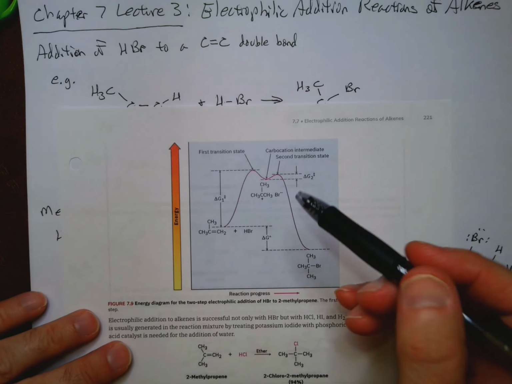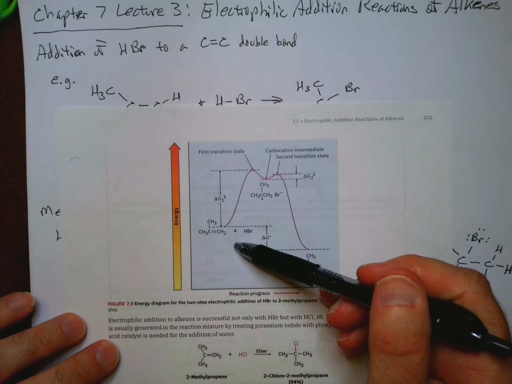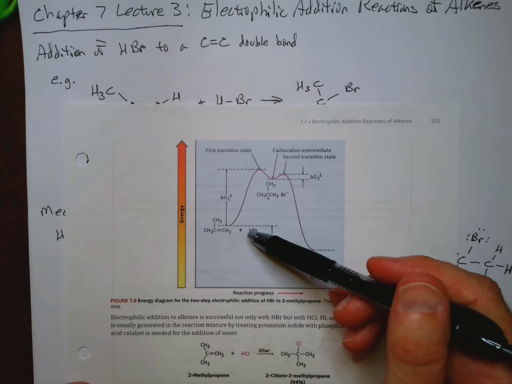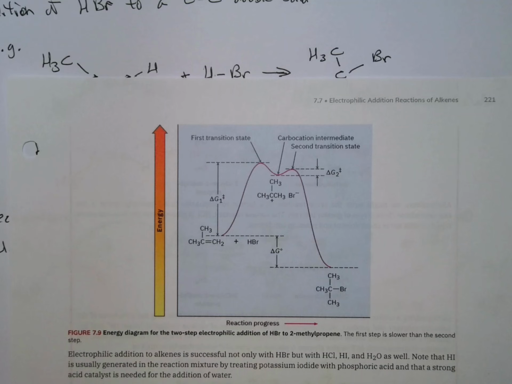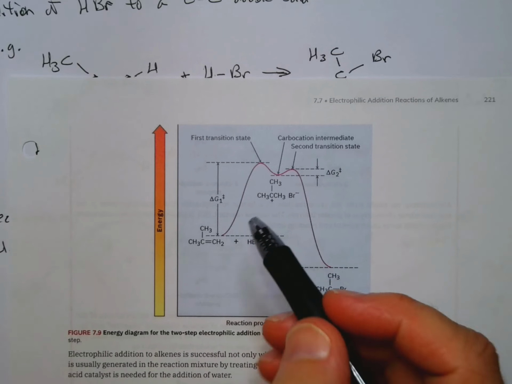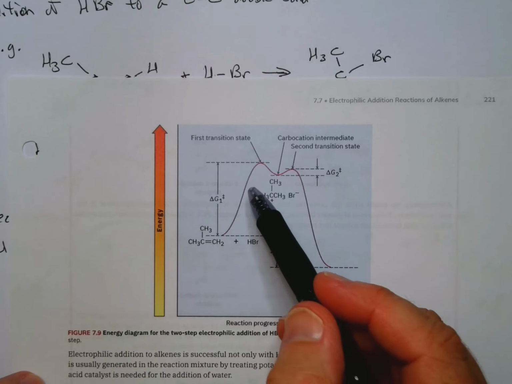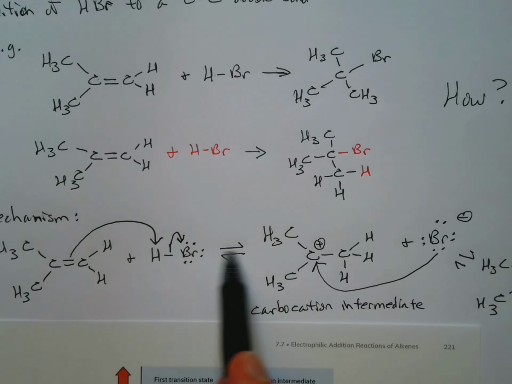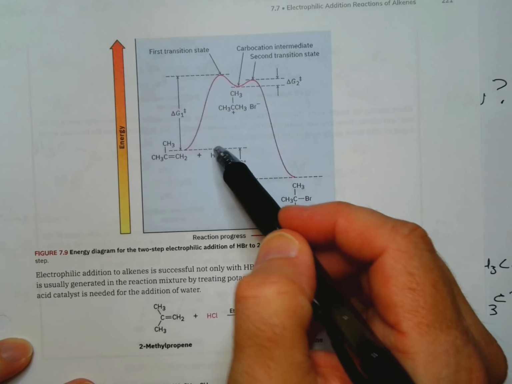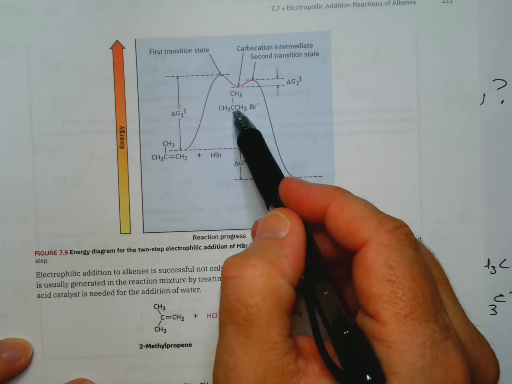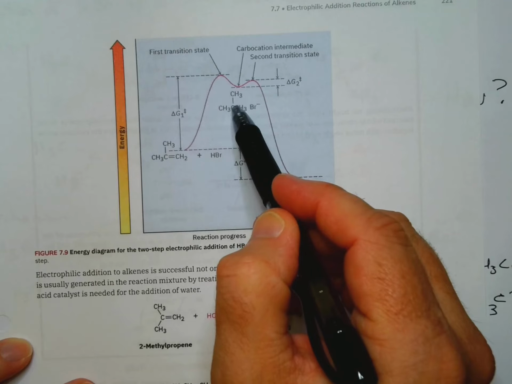I wanted to show you this energy diagram from the text. I didn't want to recreate it. And it just shows what's going on here. This is a two-step mechanism. So first step, second step. And in the first step, we have the proton transfer, and that makes our carbocation intermediate.